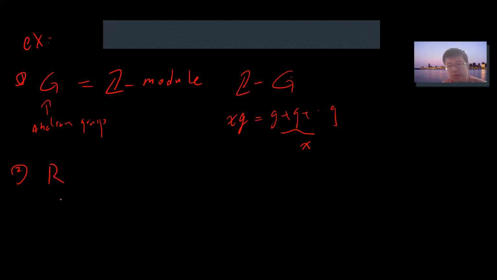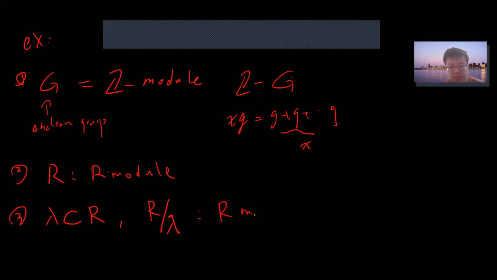Also, given any commutative ring R, R itself is also an R module. And not just this: if you take any ideal, let's say lambda, and you take the quotient, then R quotient lambda is also an R module.